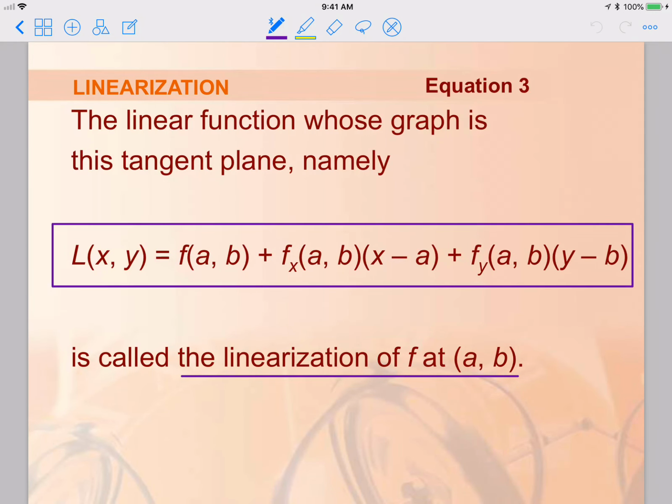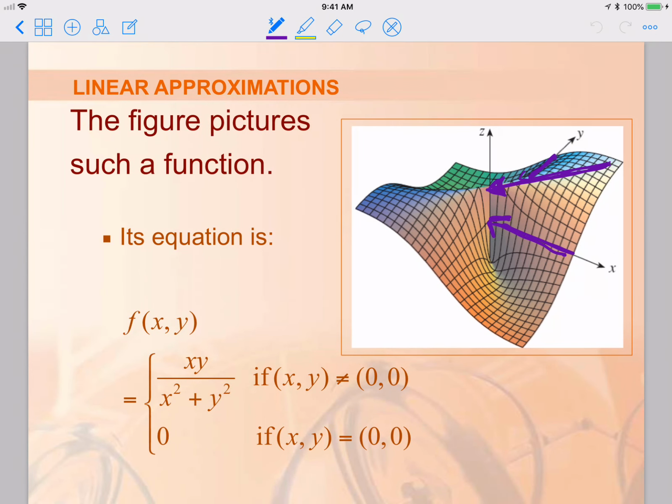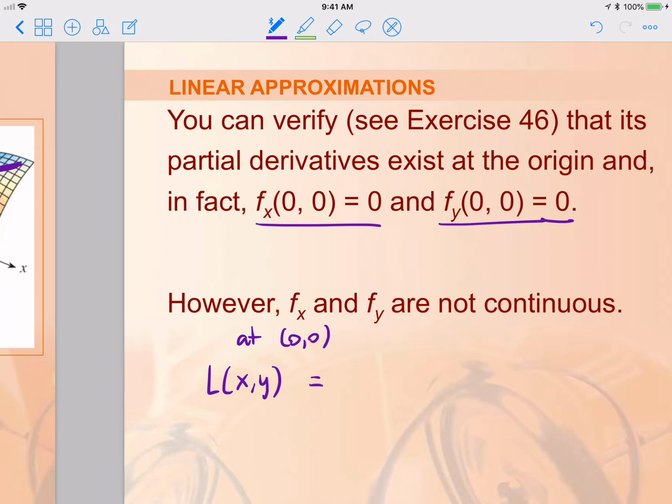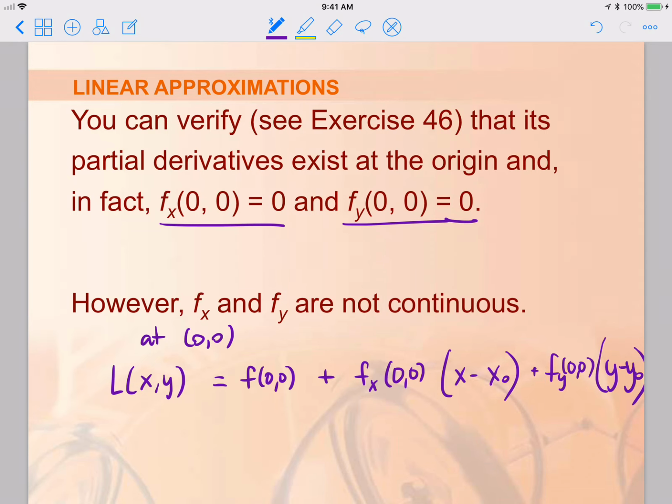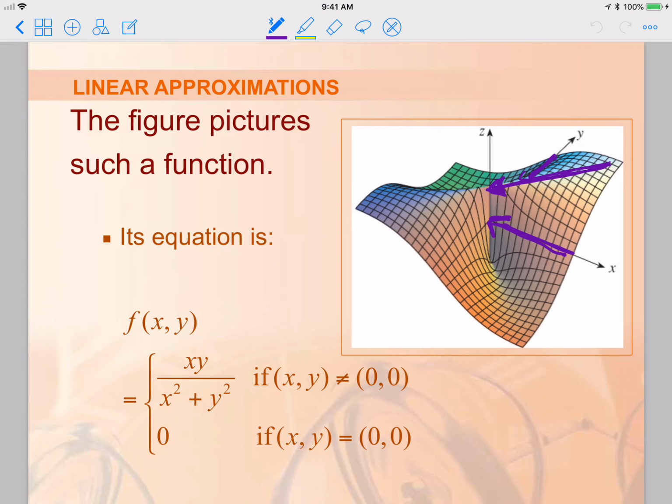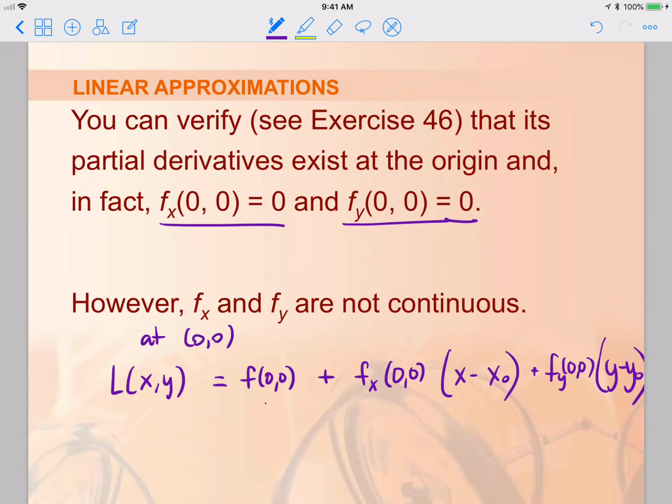The linearization of f at 0, 0 would be, so we need f of 0, 0 plus fx of 0, 0 times x minus x naught plus fy at 0, 0 times y minus y naught. And so what is f of 0, 0? It's equal to 0. So that's going to be equal to 0.